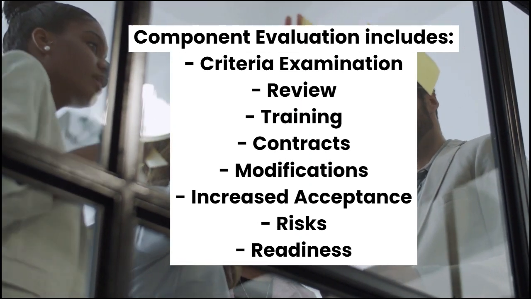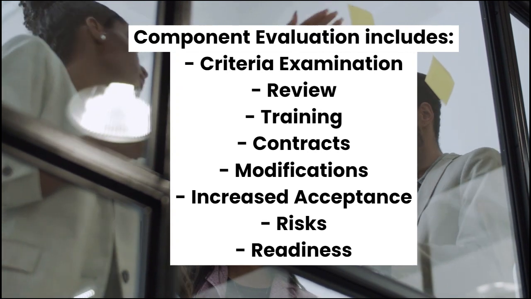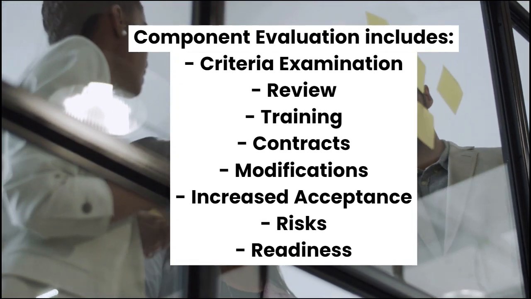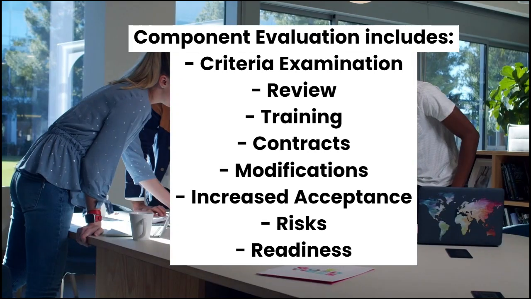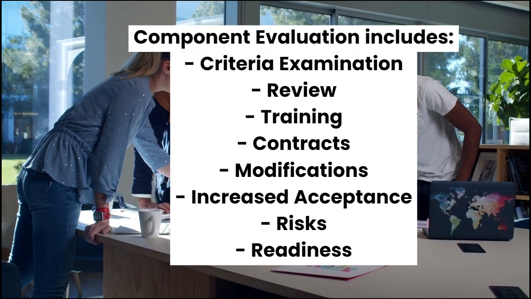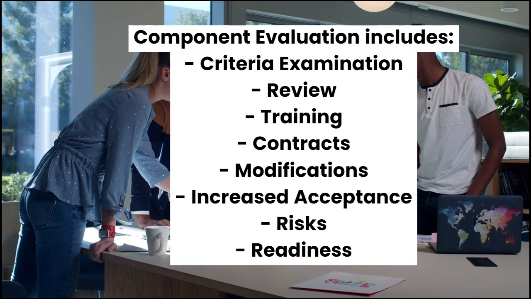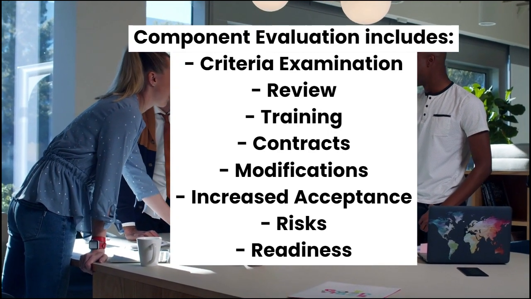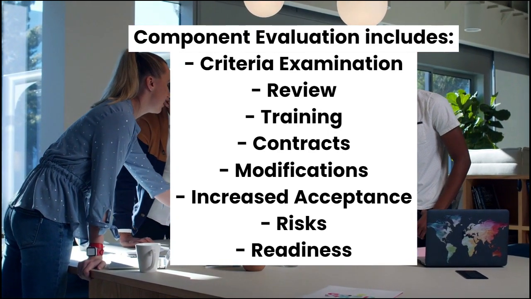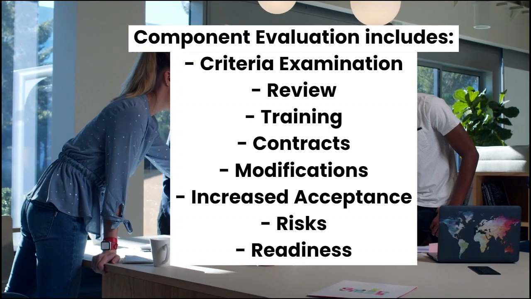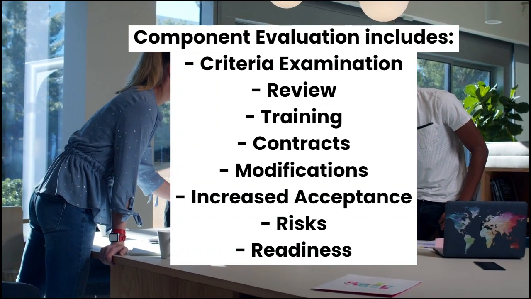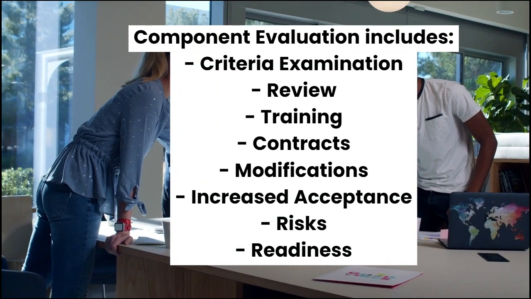Examine and evaluate the acceptance criteria that apply to delivered outputs or components. Review of program process and operational documentation. Examine the materials for training and maintenance, if applicable. Evaluation of the relevant contracts. Evaluation to see if the resulting modifications have been successfully incorporated.